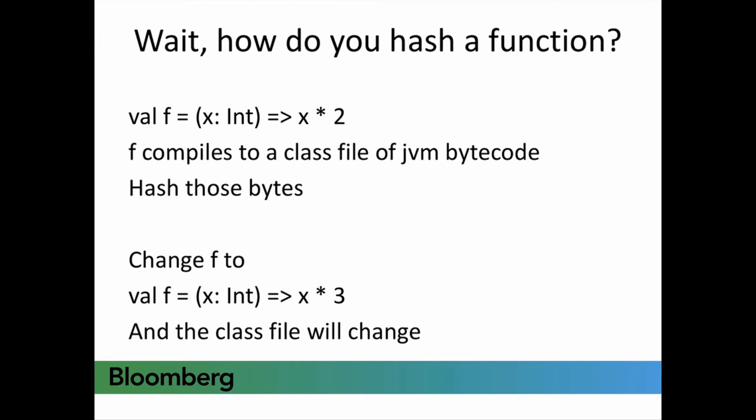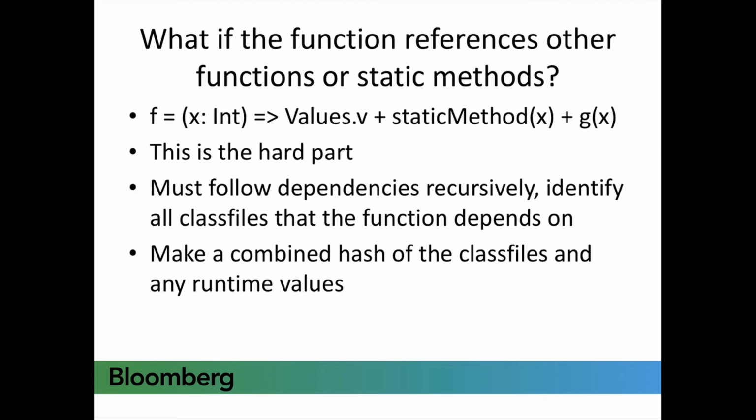And this is also pretty quick. Now that was an easy case. If it's just x times 2 or x times 3, you just look at the class file for that function, and it changes. But if you have something that is not as trivial as that, there are problems.